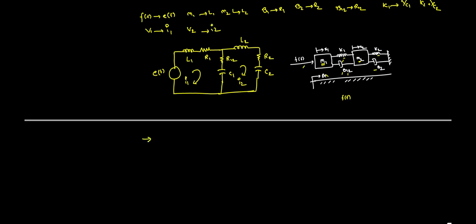So for the above equivalent circuit, E of t is equal to L1 di1 by dt. I'm just writing the equation for this particular loop, right?